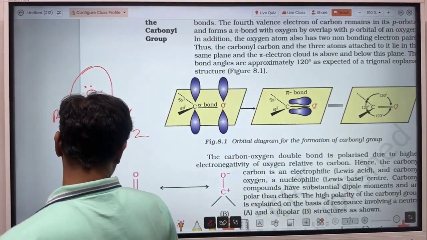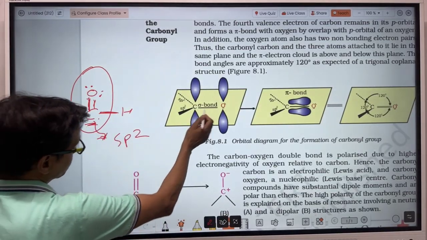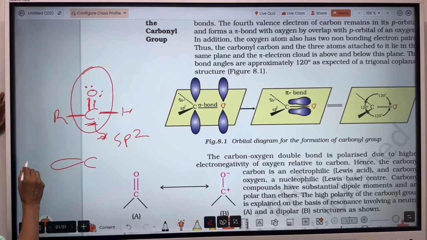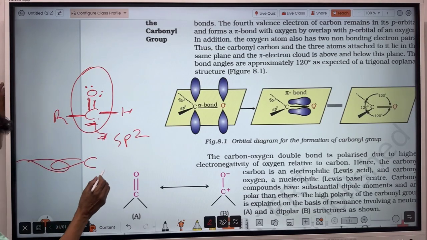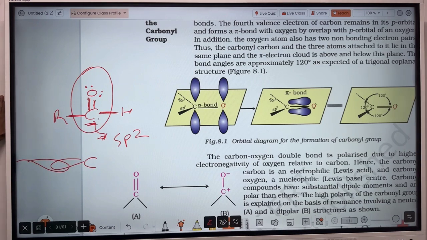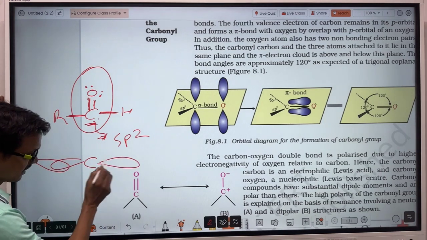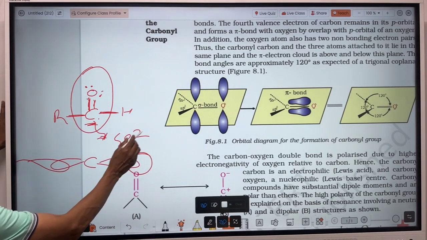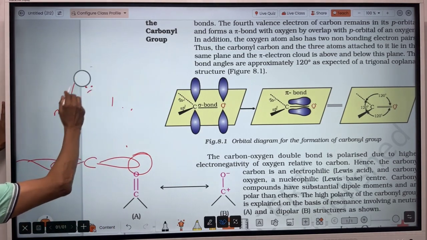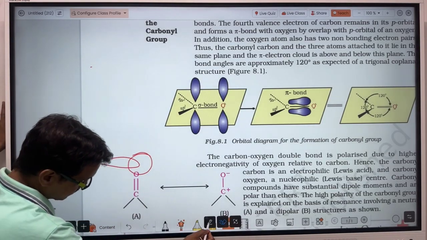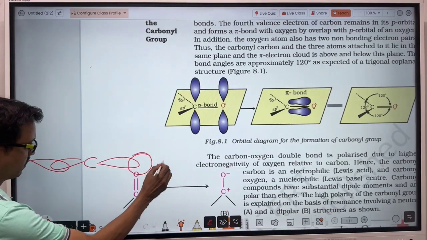In the carbon atom, one sp2 hybridized orbital will do sigma bond formation with the carbon of the other alkyl group or with the 1s orbital of the hydrogen. In case of aldehyde, the sp2 hybridized orbital of the carbon will do head-on overlapping with the 1s orbital of hydrogen.